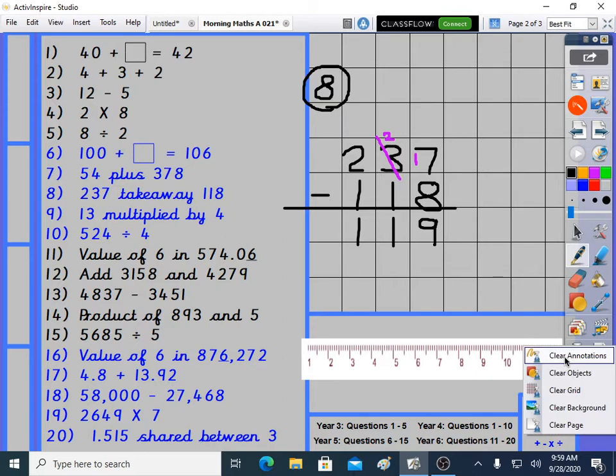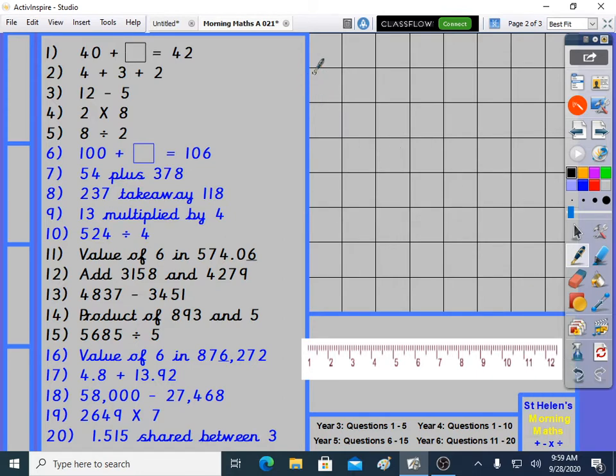We'll move on to question 9. 13 multiplied by 4. This is not too bad. Good method. 13 becomes 10 and 3. 4 times 10 is 40.